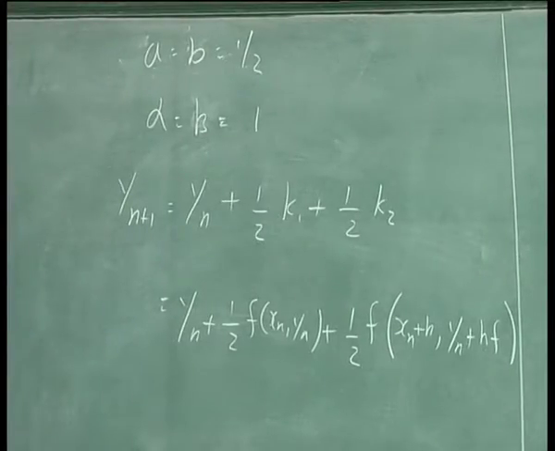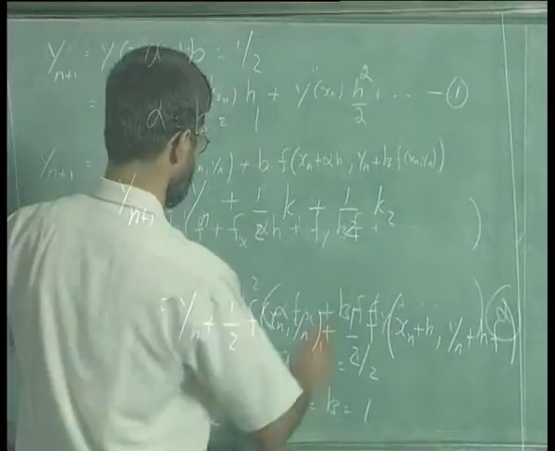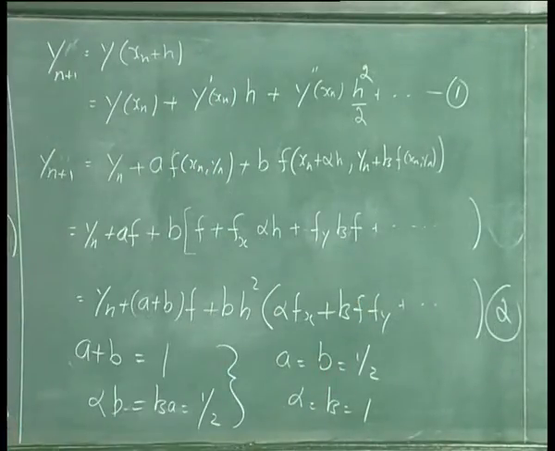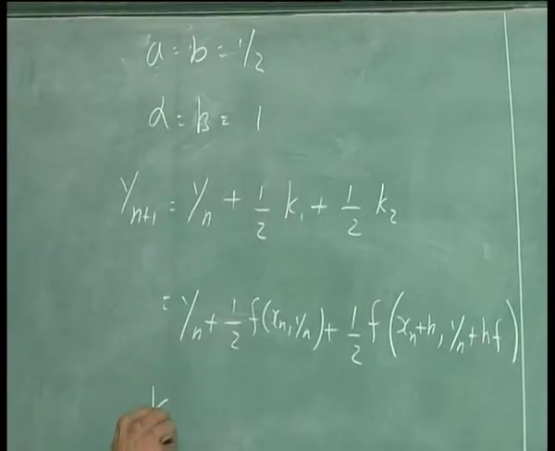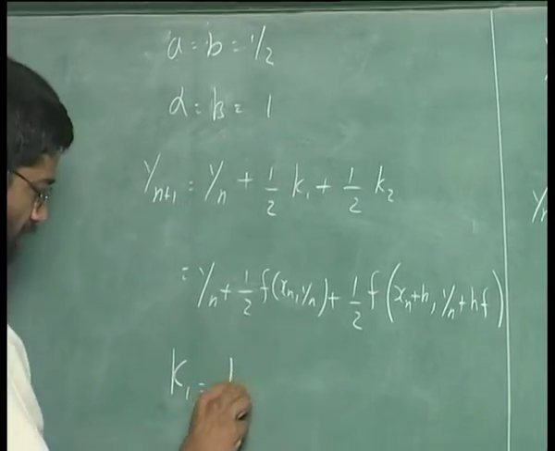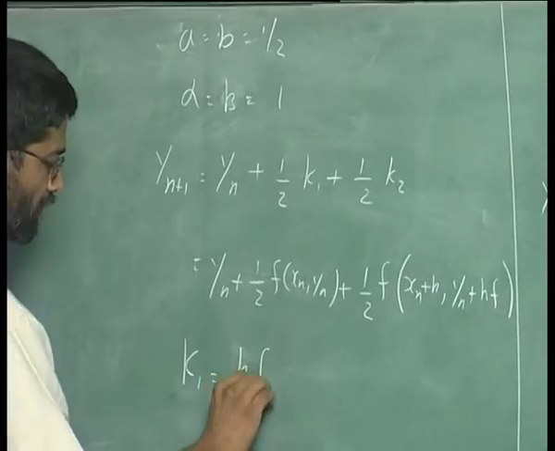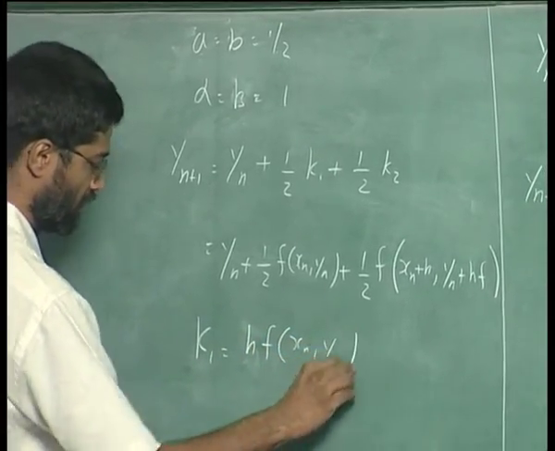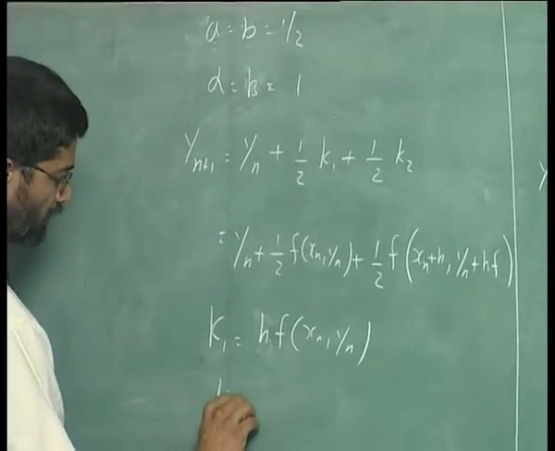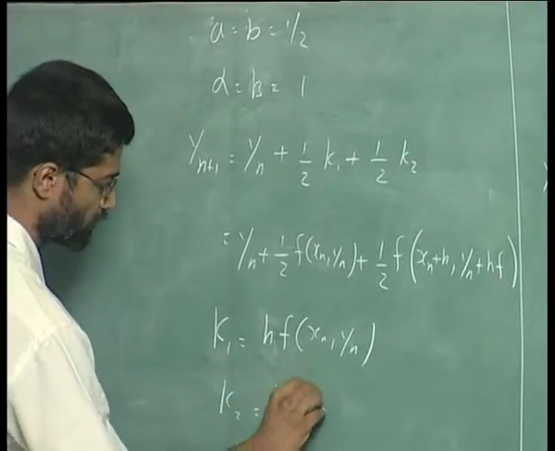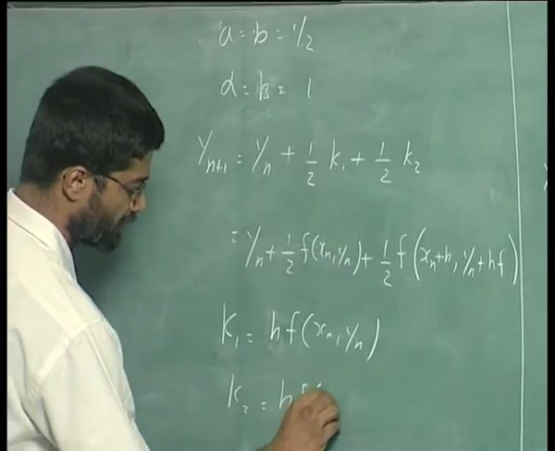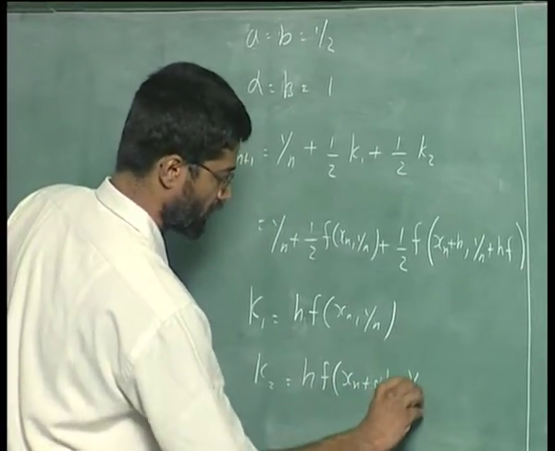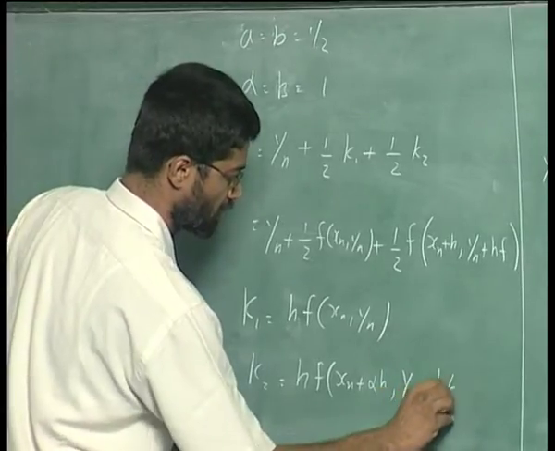So I forgot to write an h here, so there is actually an h term in all these equations, okay. Because we were writing that, remember, we write k1 as h times f of xn comma yn and k2 as h times f of xn plus alpha h, yn plus beta k1.